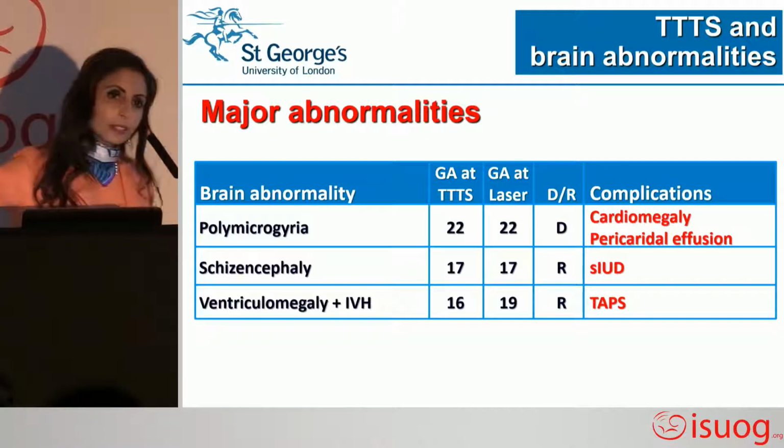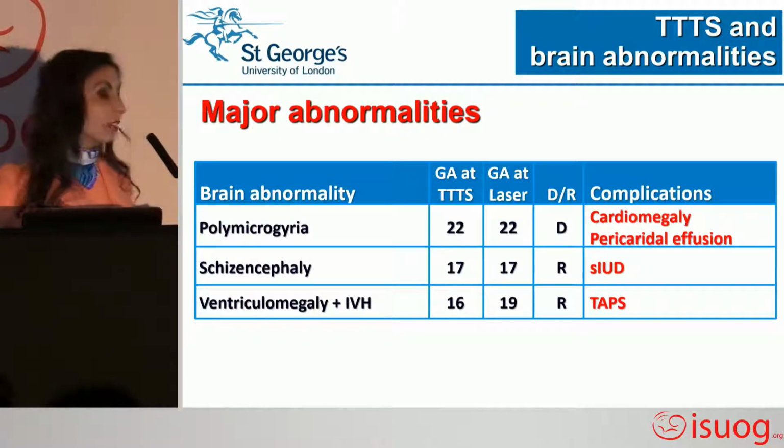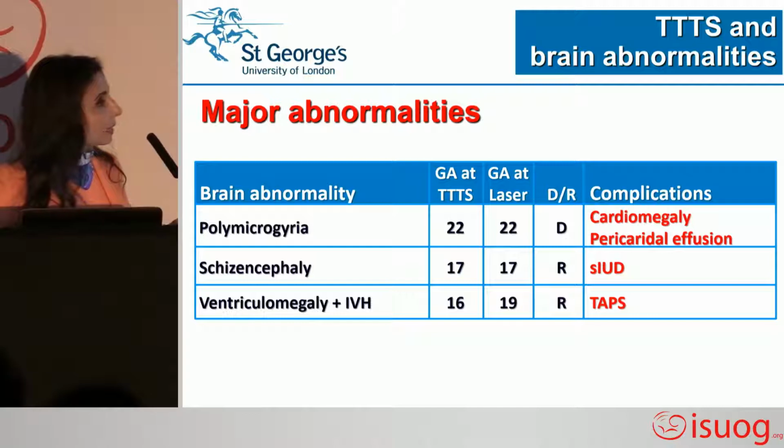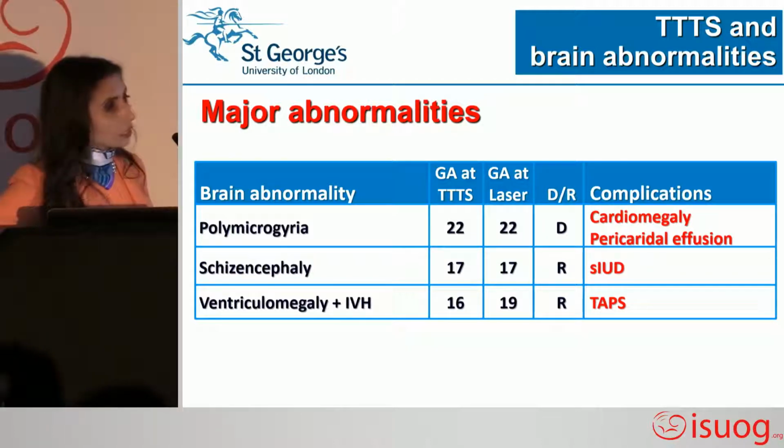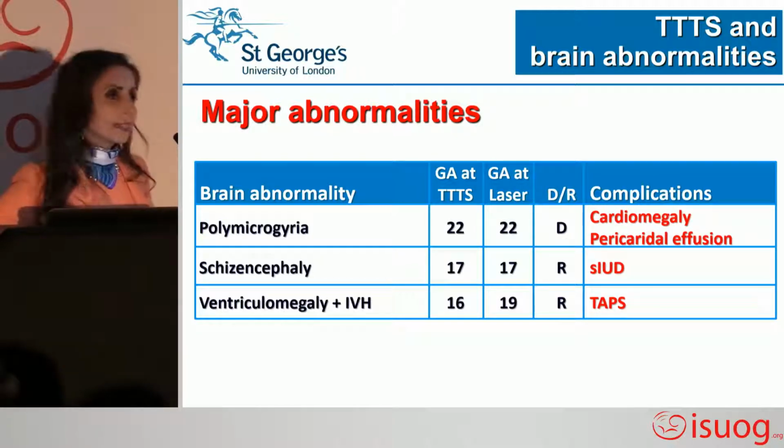It was not getting better, so not really a straightforward case. The other one that had schizencephaly was diagnosed at 17 weeks, so relatively early onset, had laser at 17 weeks, and was complicated by single intrauterine demise of the donor, and the recipient was the one that had schizencephaly.